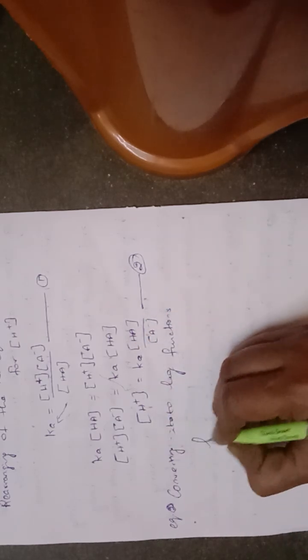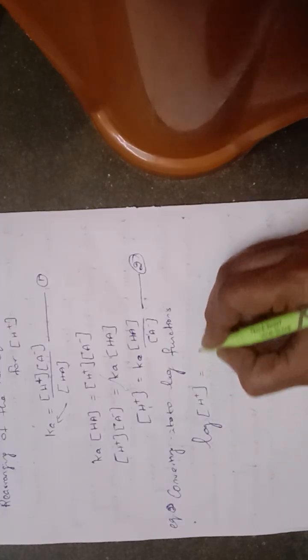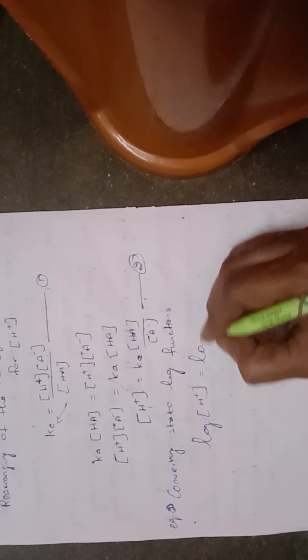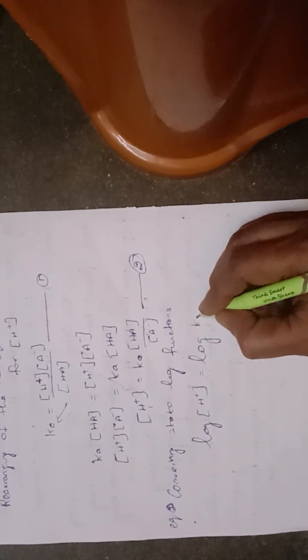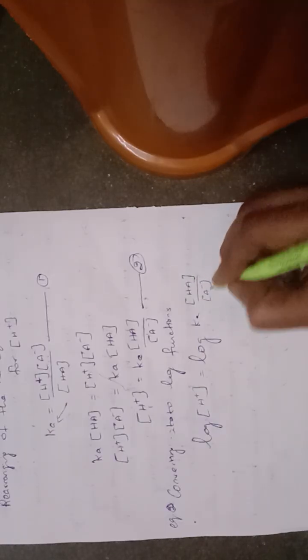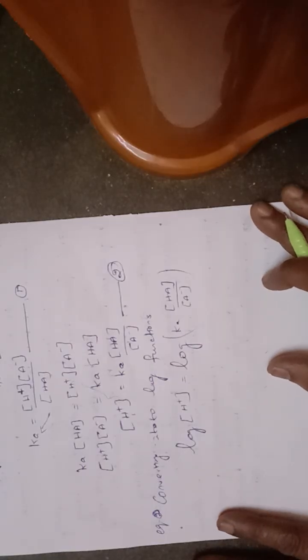Adding the log on both sides, we get log H plus, and also log of Ka HA divided by A minus. This log will apply to both Ka and HA divided by A minus.